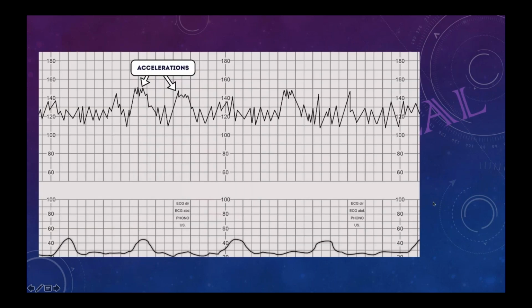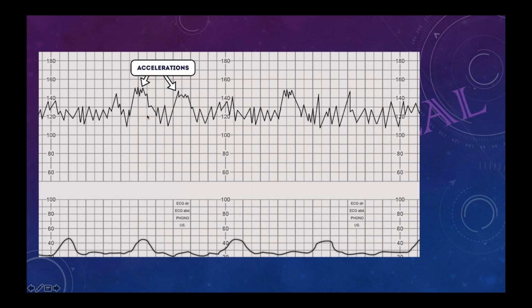Now this is acceleration. Now you can see, this will be the baseline rate. If you see, these are the accelerations. Now calculate 30 seconds, this will be 1 minute, maybe 45 seconds.